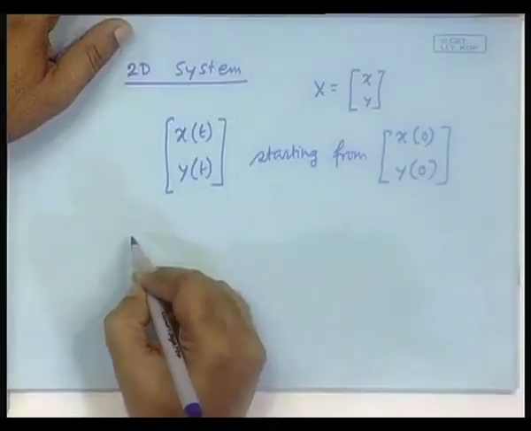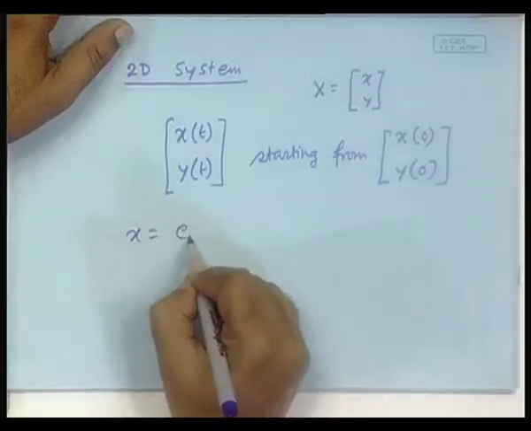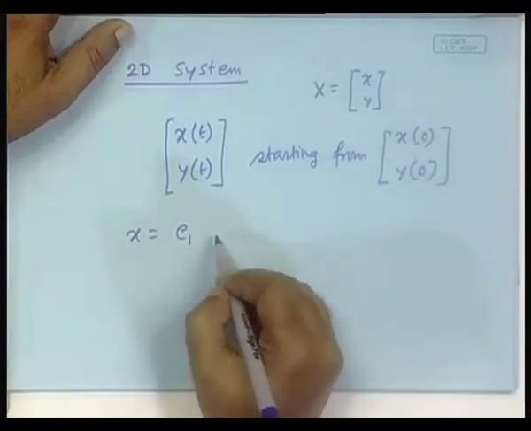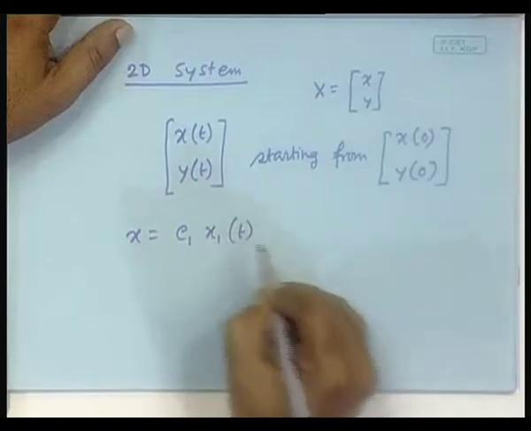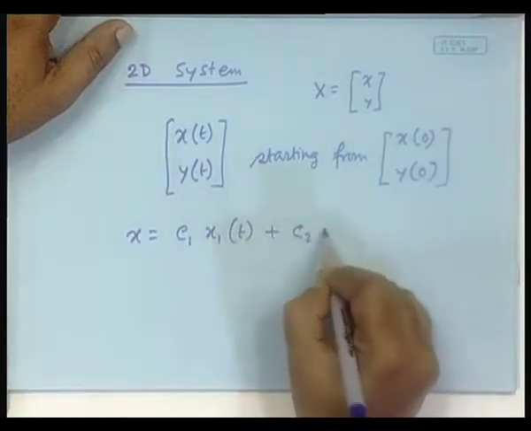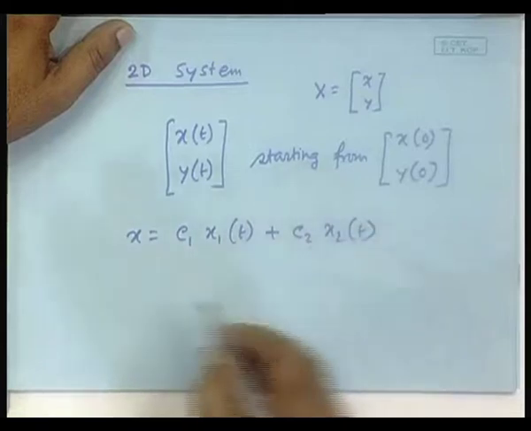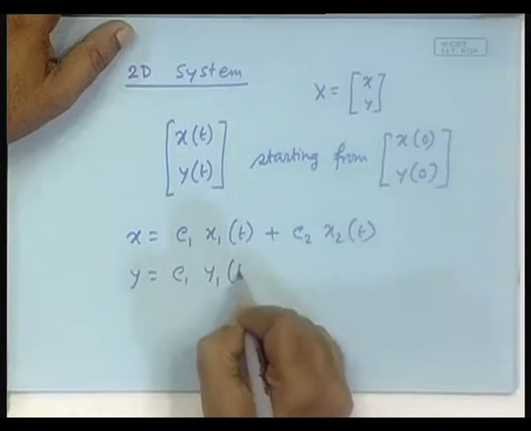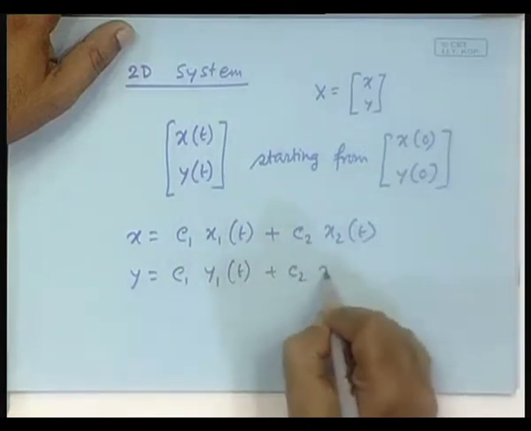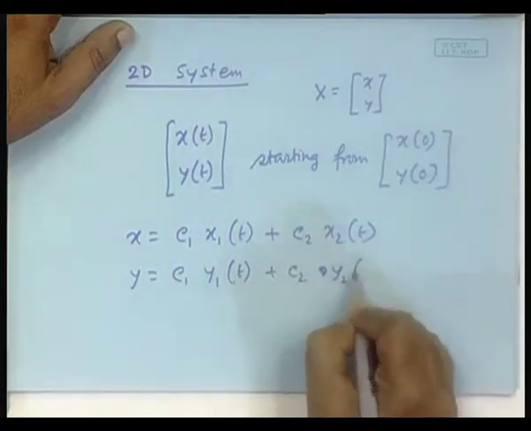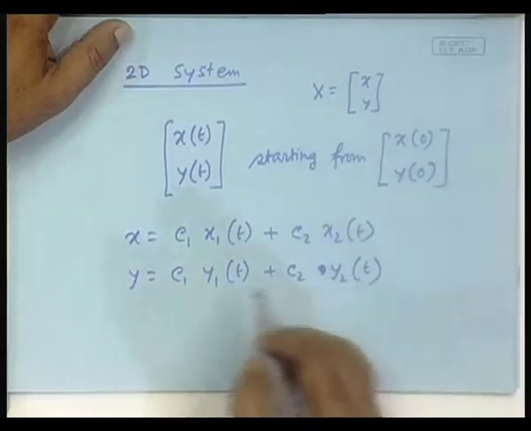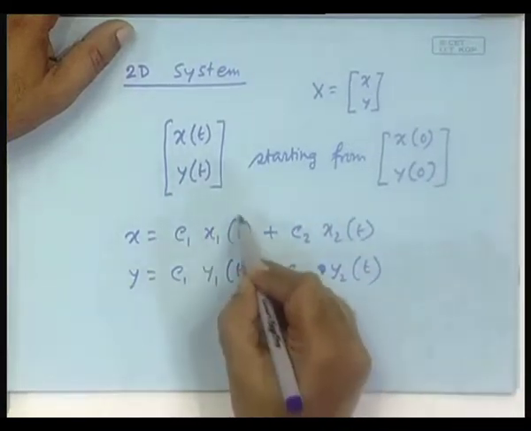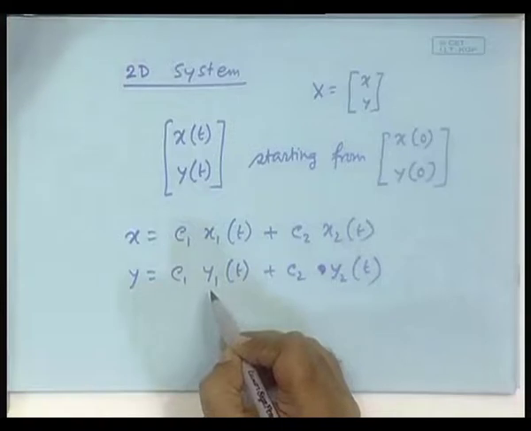in some convenient way, then we have any given solution as x is equal to a linear combination, C1 x1(t) plus C2 x2(t), y is equal to C1 y1(t) plus C2 y2(t). So, (x1(t), y1(t)) is one solution.